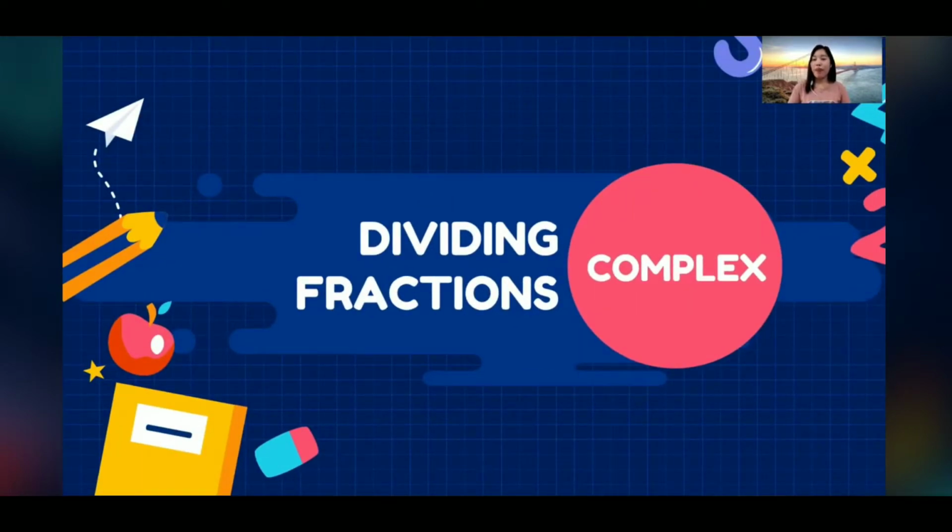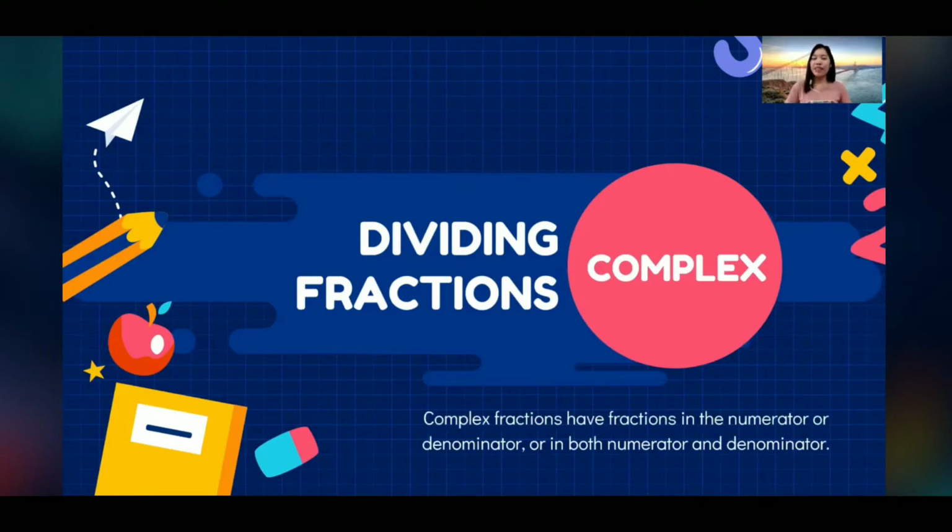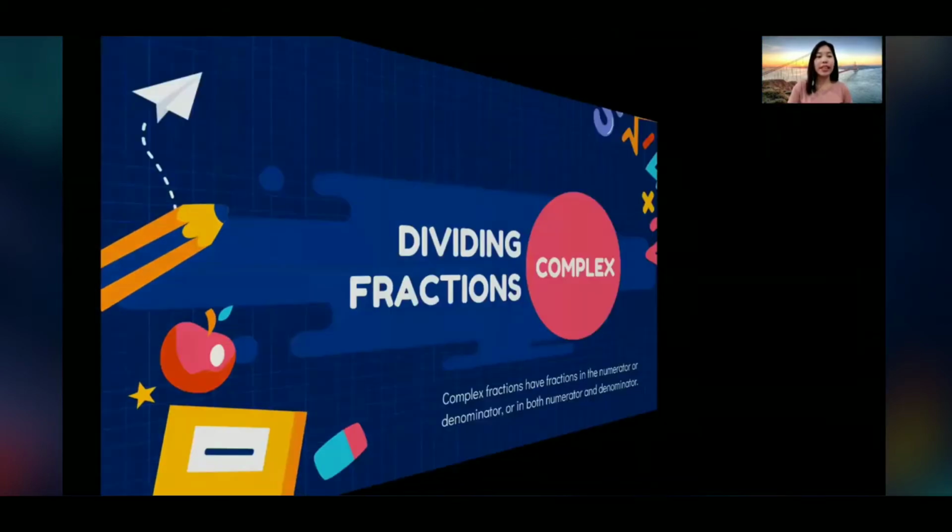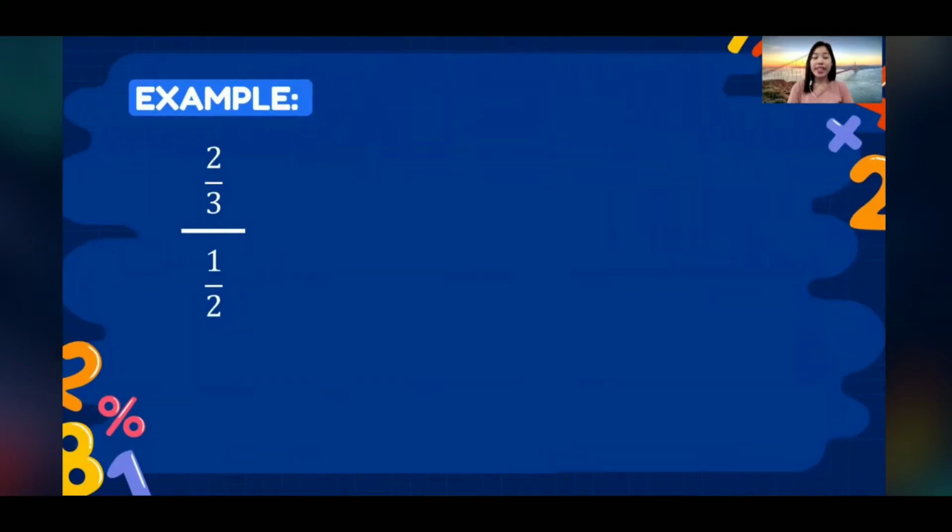When we say complex, what is it? Good idea. So complex fractions have fractions in the numerator or denominator, or in both numerator and denominator. For example, 2/3 divided by 1/2, or 2/3 over 1/2.